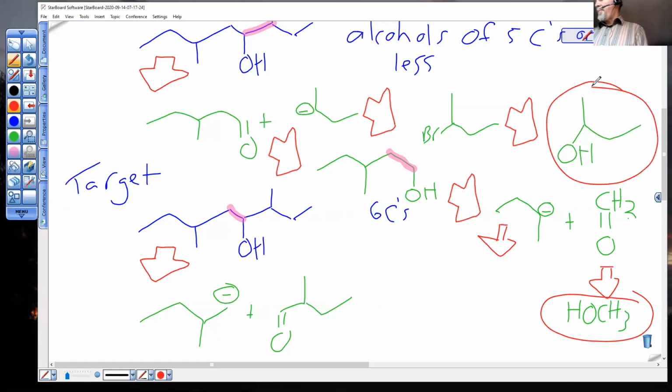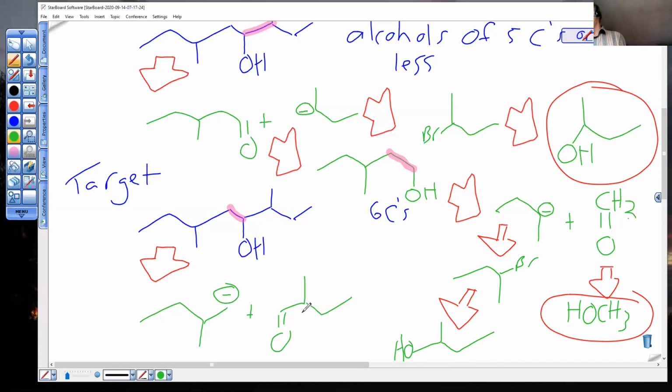And sec-butyl anion comes from sec-butyl bromide. There's a little repetition in this, isn't there? Which comes from, I'll draw it again, this alcohol here, OH. Same as this alcohol up here.